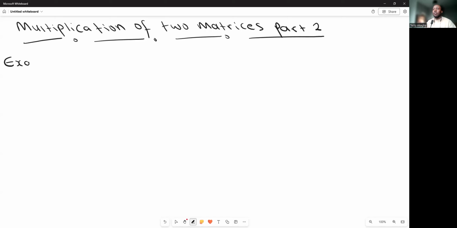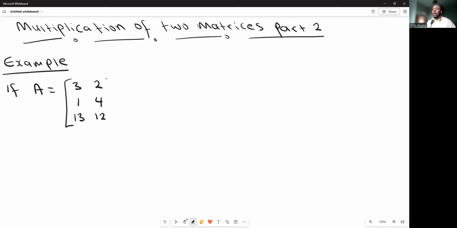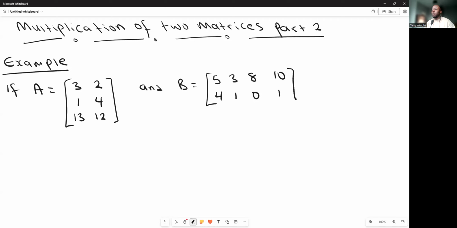So I have this example here, and let's see if we can solve it. We're told that A is equal to 3, 2, 1, 4, 13, 12, and B is equal to 5, 4, 3, 1, 8, 0, and 10 and 1.